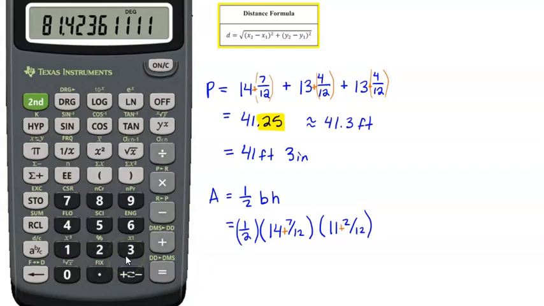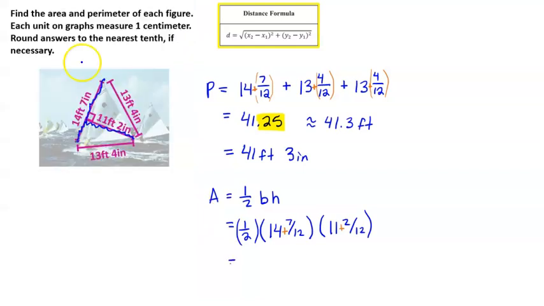And that gives us 81.42. And so we're going to keep that as is, and that's going to be 81.4 feet squared. 0.42 out of a foot is not going to come out as nice as this, and so we're just going to keep it as a rounded number for this one.